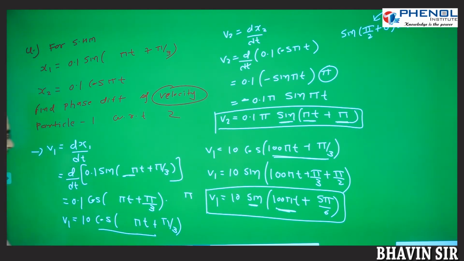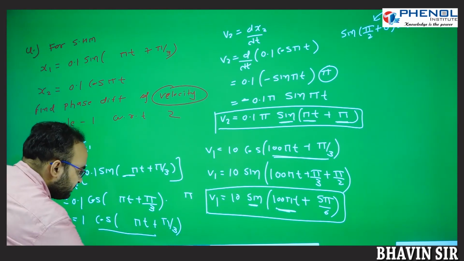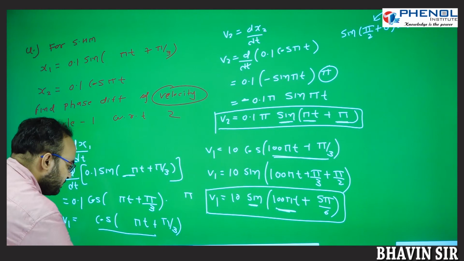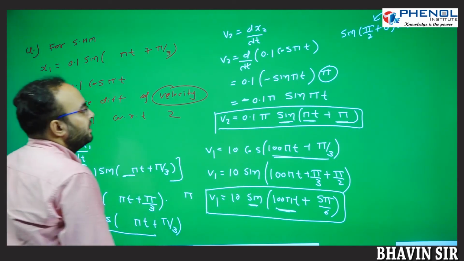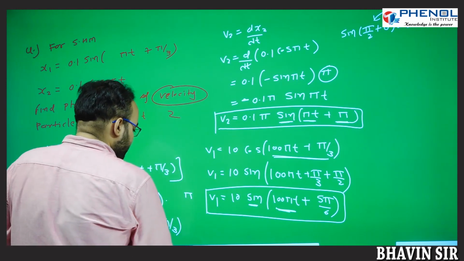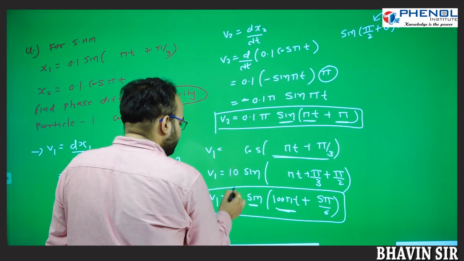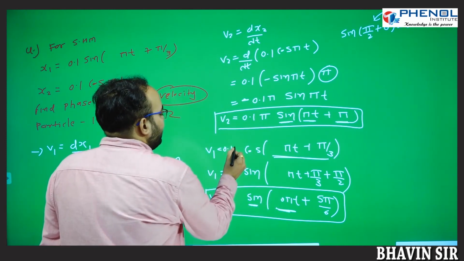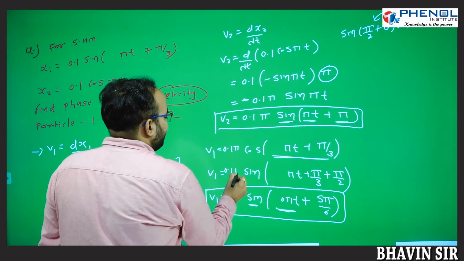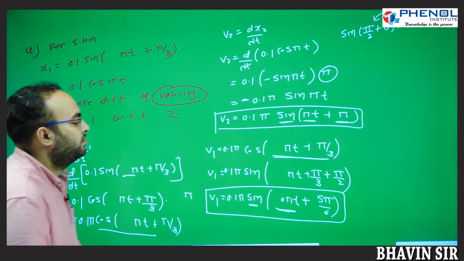Chalo, so here we write 0.1 pi. It is only pi, students; there is a mistake in the question. Only pi.